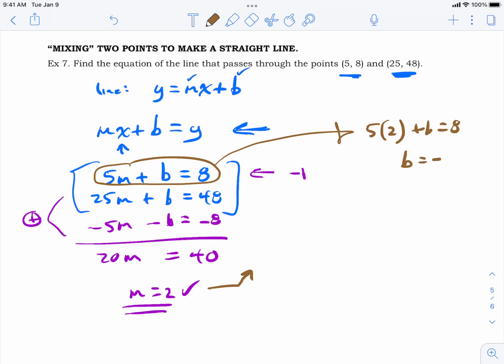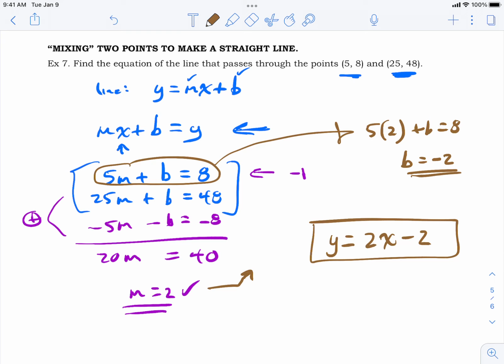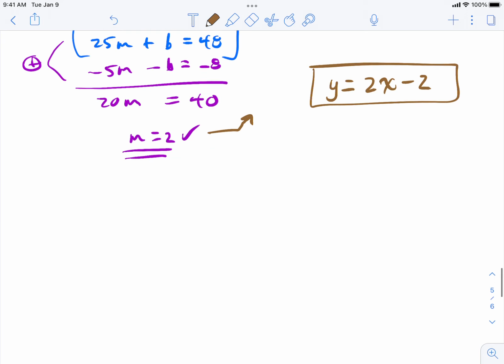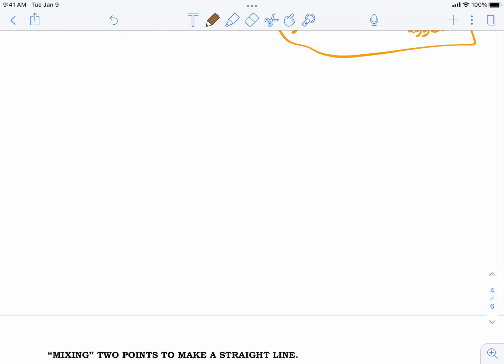So quickly you find out b is equal to -2. And so here's your equation: m is 2, so 2x plus b, which is -2. So that's the equation of the line that goes through these 2 points. Cool, right? So you can use 2 by 2 systems for pretty near anything. Alrighty. Let's do some homework or something.